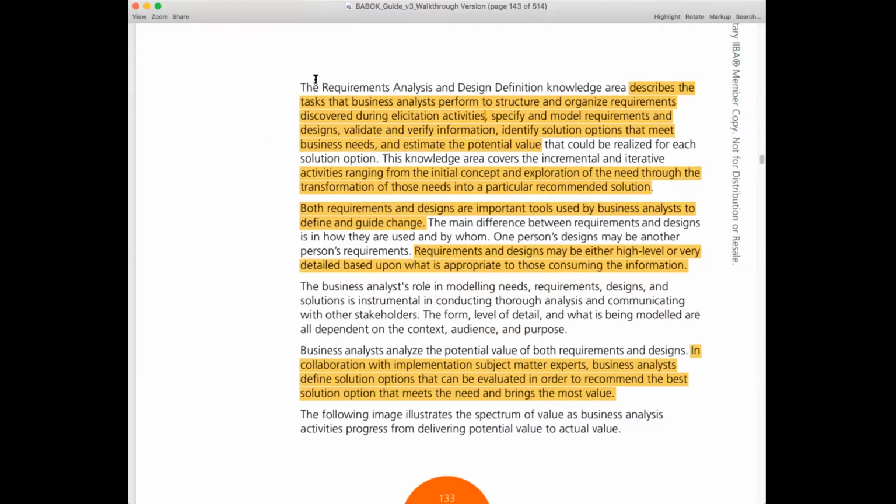So it's a pretty important one to understand and be clear on. This particular knowledge area talks about the things that we do as BAs to structure and organize the requirements that we discover during the elicitation activities.